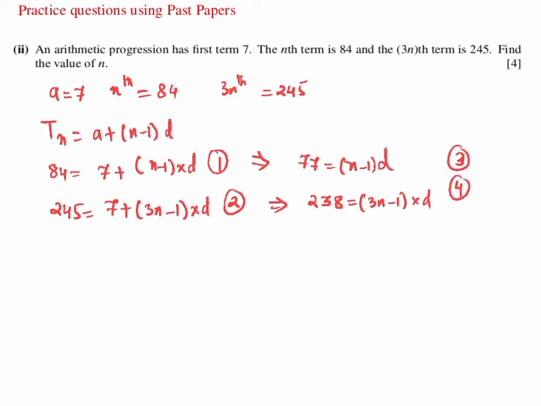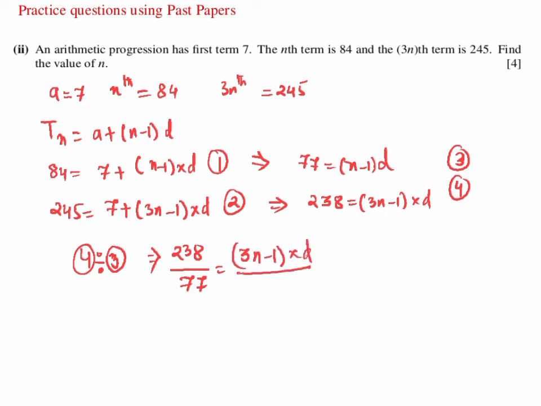We'll divide the fourth equation by the third. So we'll get 238 divided by 77 equals 3n minus 1 into d upon n minus 1 into d.